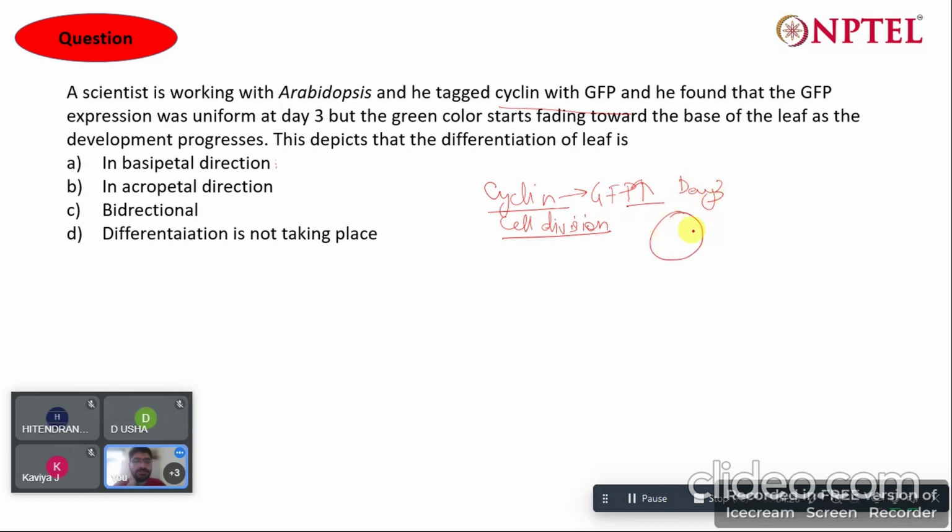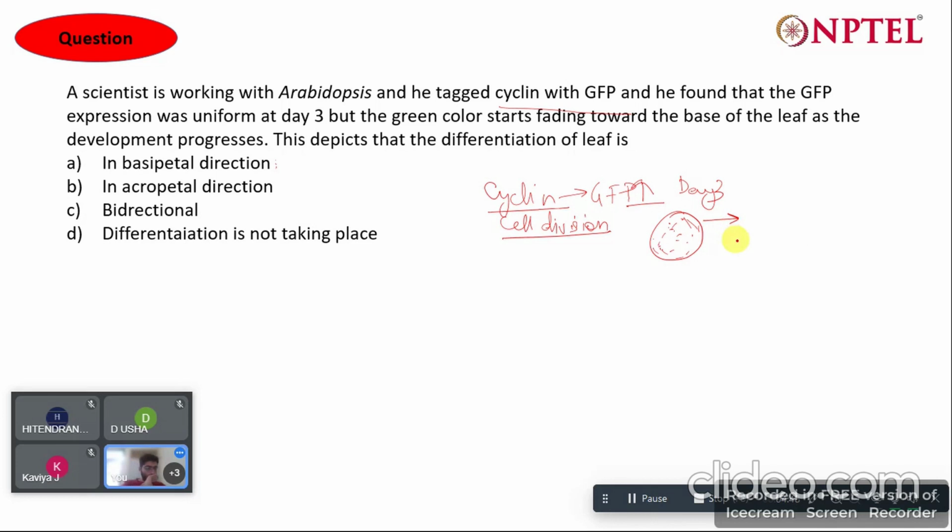So this is the part that they are observing, and they are observing uniform GFP expression in the whole part. But as the days progress, the green color fades and comes towards the bottom of the part that they are observing.